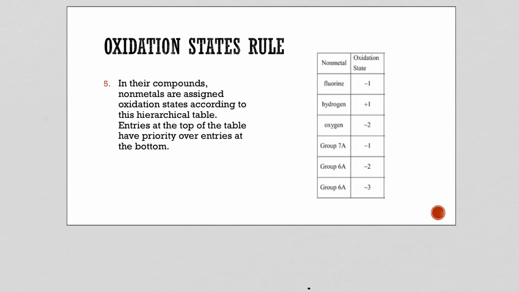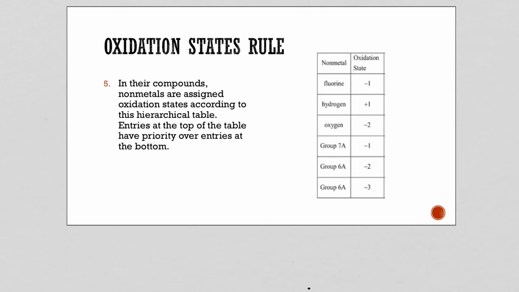Now hydrogen is in here, but it doesn't really have to compete with anything, and it's always given a +1 oxidation state in a compound. Oxygen is special, has a high priority, it's given a -2. Now, the next one is other halogens. Other group 7s besides fluorine would be given a -1, right?